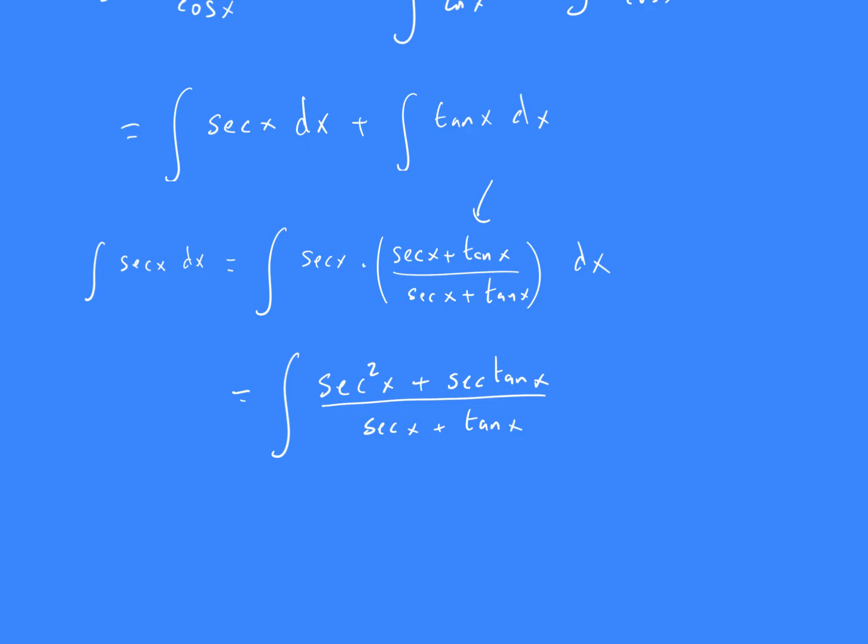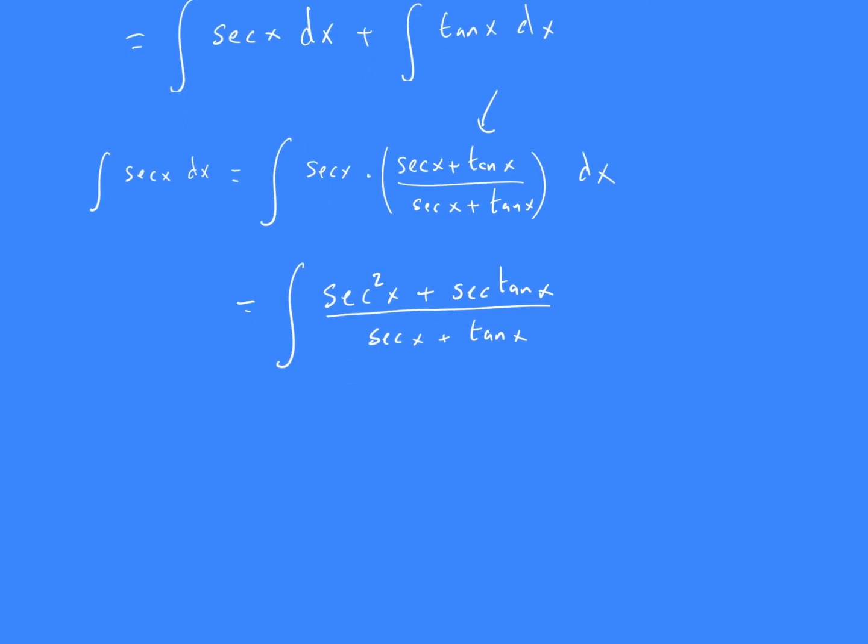And now let's name u as secant x plus tangent x. If we name u as secant x plus tangent x, the derivative of u with respect to x will be the derivative of secant x.